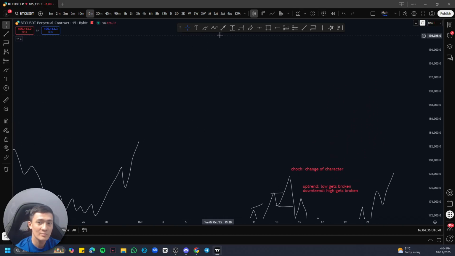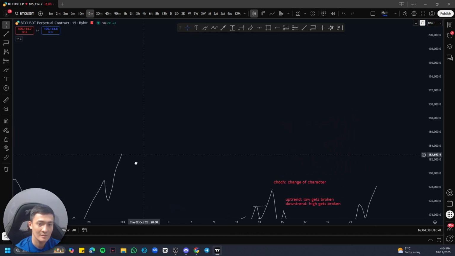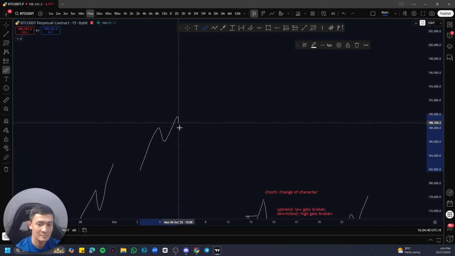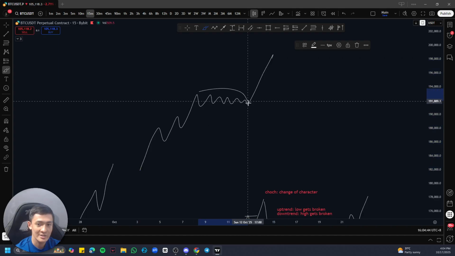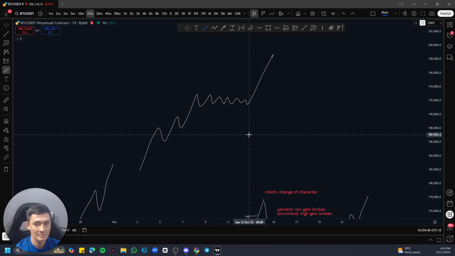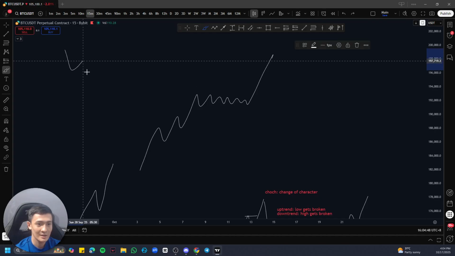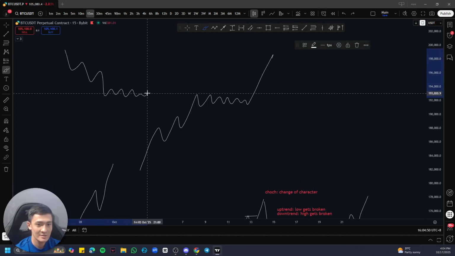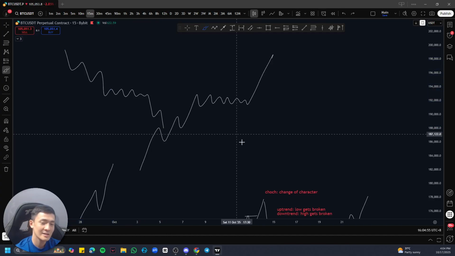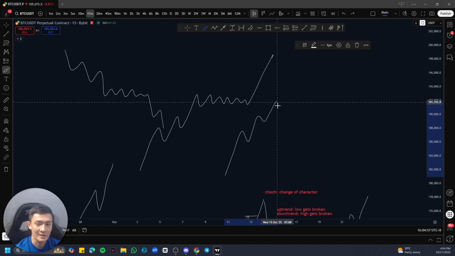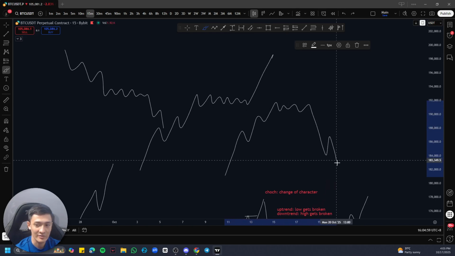There could also be a trending market, sideways phase, and a continuation. So not necessarily is it always a trending market, sideways, and then a change of character.